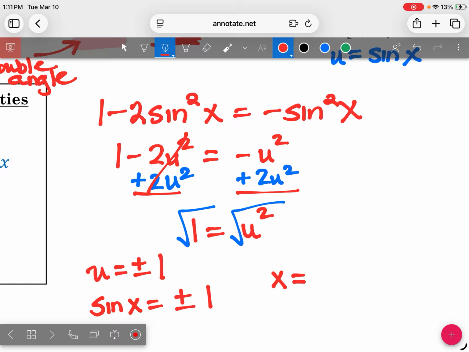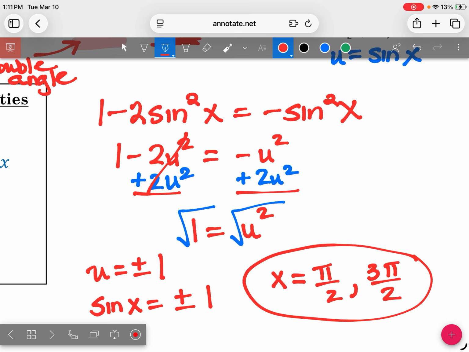What'd you say? No. Sine, not tangent. So sine would be pi over 2. Where else? 3 pi over 2. And that would be your answers.